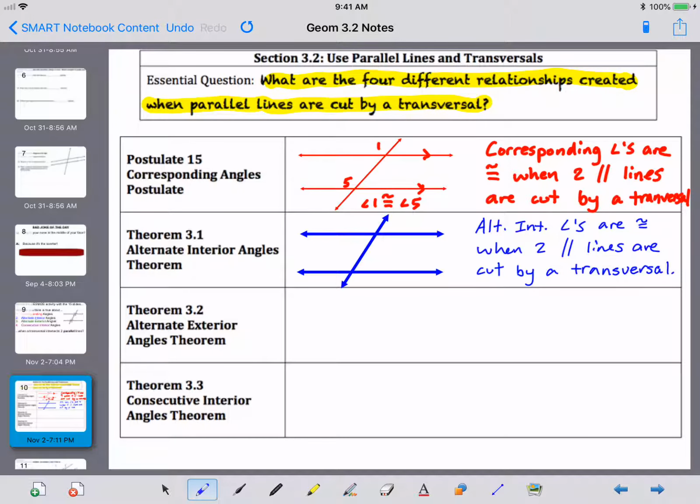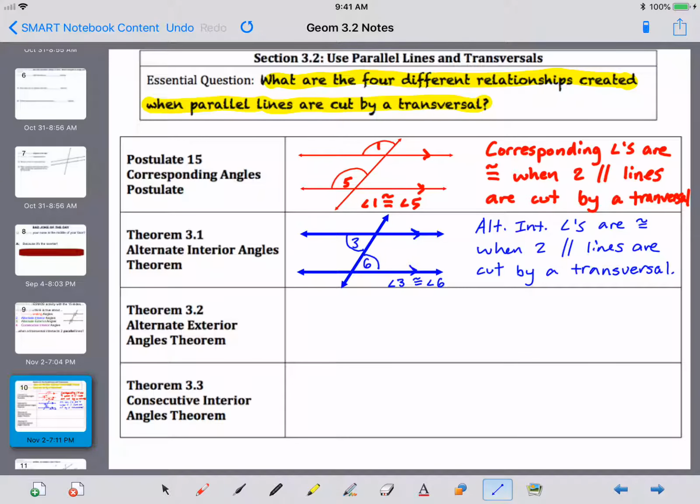So let's look at an example of that. Angle 3 and angle 6. If these two lines are parallel, so we should probably put some arrows on there to show that, it turns out that angle 3 is congruent to angle 6. So these have the same angle measure. Just like above, angle 1, that obtuse angle, has the same number of degrees as angle 5.